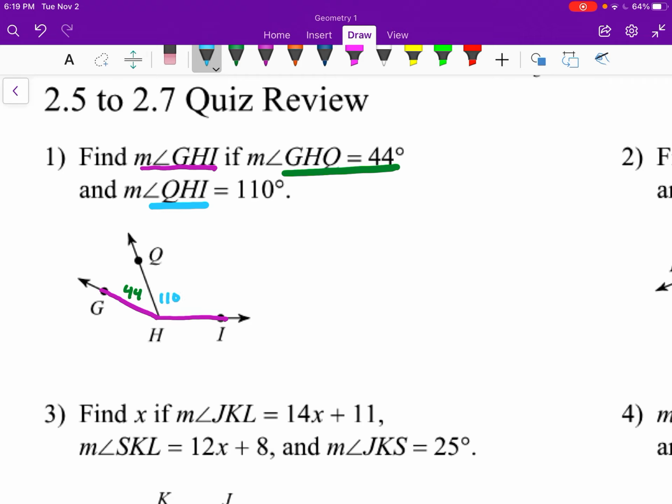Well, we use the idea of the angle addition postulate. The entire purple angle there, GHI, the measure of that is going to be the other two added together. So that's pretty straightforward, that the measure of angle GHI is going to equal the 44 plus the 110, which is 154 degrees.